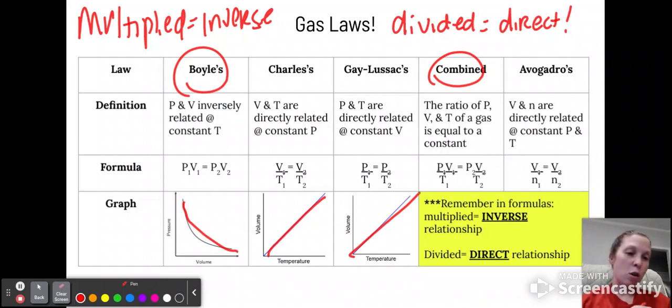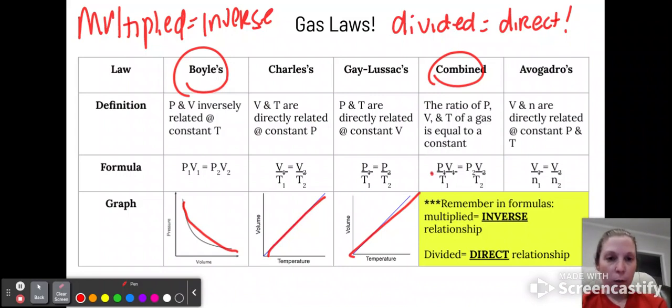Now, two that you don't really need to note a graph for are combined and Avogadro's. So combined is actually looking at pressure, volume, and temperature all together. And when this is equal to a constant, you don't really have to worry about that part. But you need to know the relationships here. So we've got P1 V1 over T1 is equal to P2 V2 over T2.